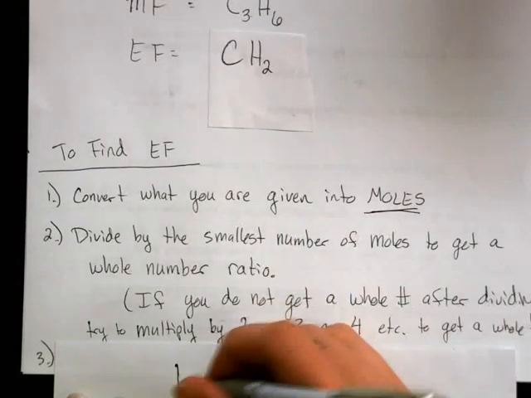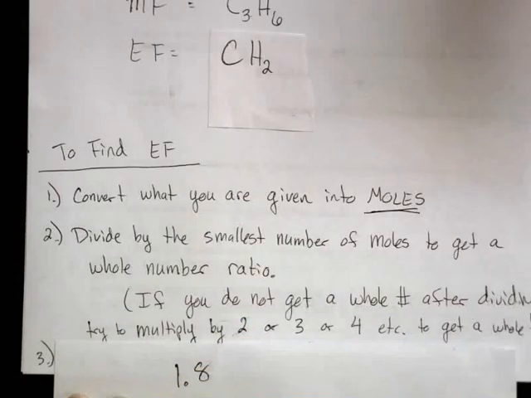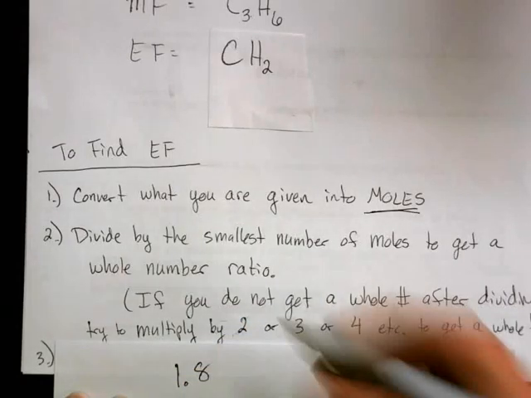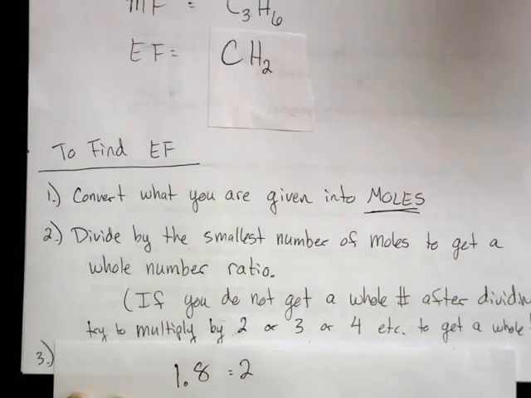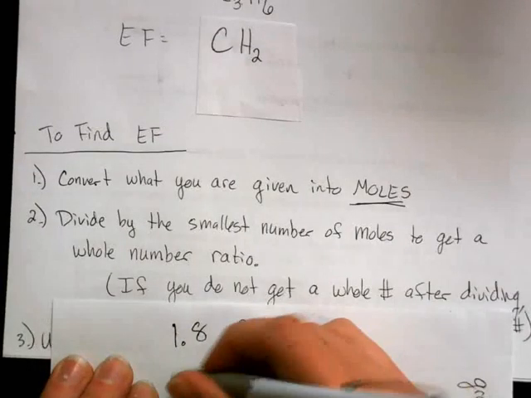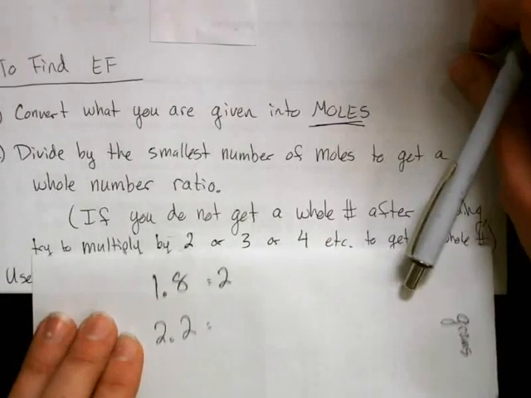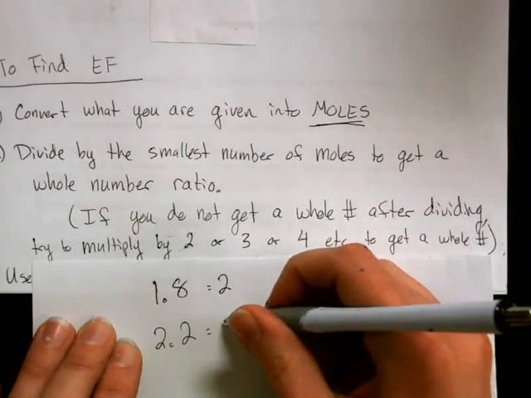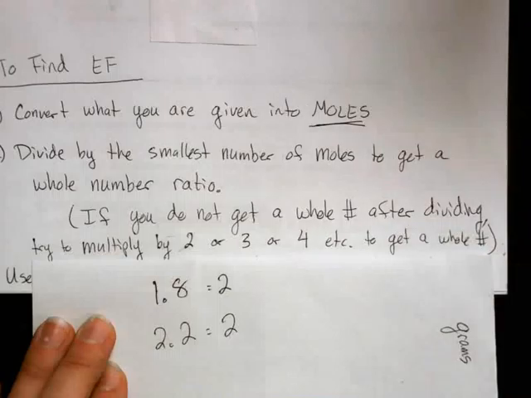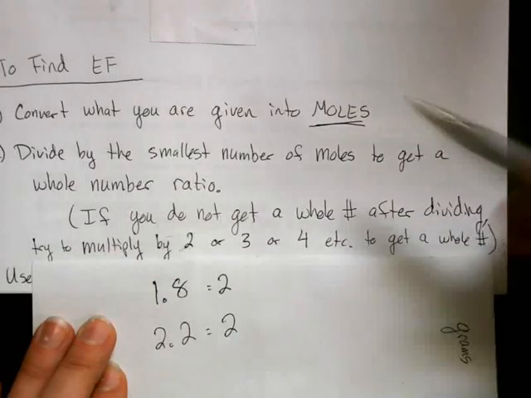Now, what am I calling a whole number? What's close enough to round? If you have something like 1.8, that is close enough. We can round that to 2. If we have something like 2.2, that's close enough that we can round that down to be 2.